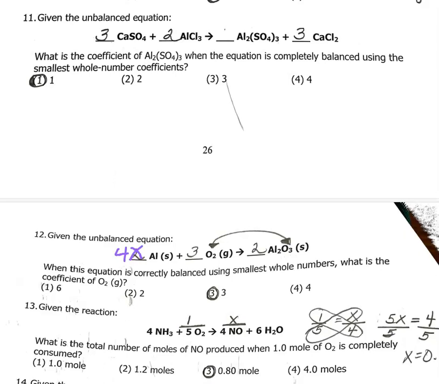All right, moving on. What is the total number of moles of NO produced? Notice I put an X over that, when 1 mole of oxygen is completely consumed. So what I'm doing is setting up a proportion with what I'm given and what's in the balanced equation.